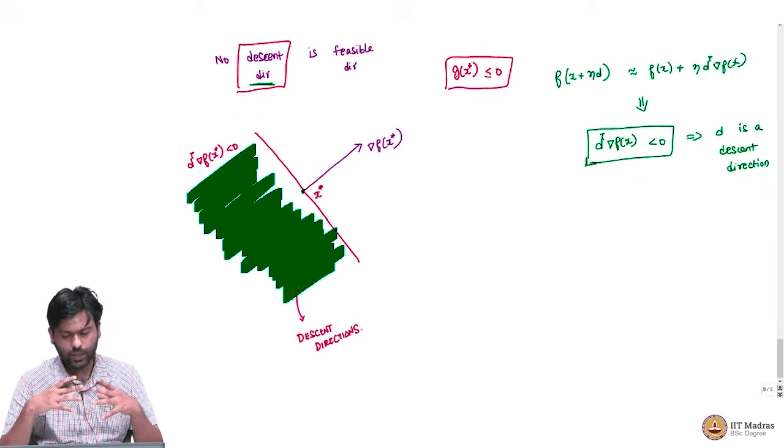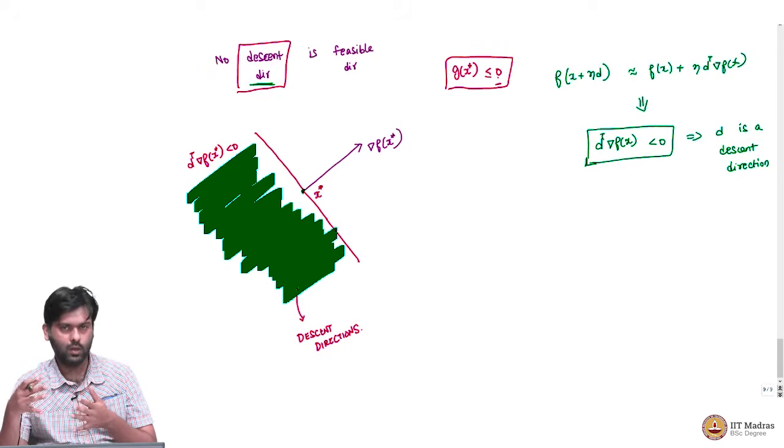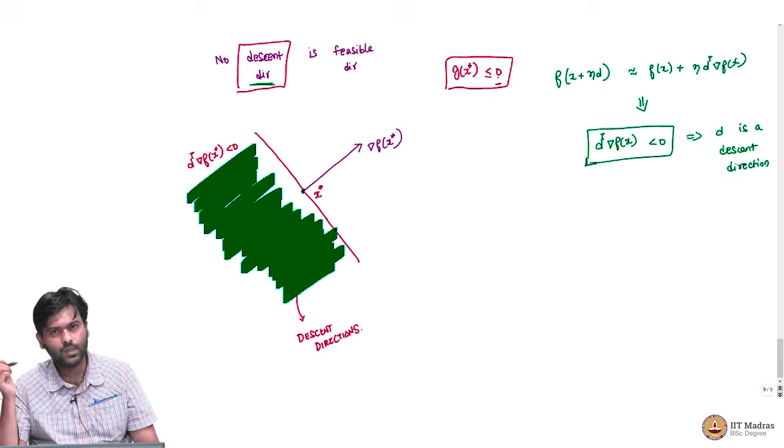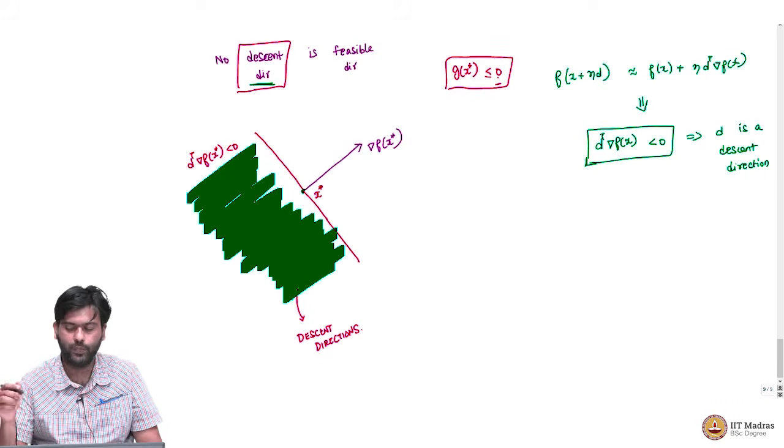Well, the feasible directions, at least, are definitely going to be those in which, if I move, g of x reduces further. It is already less than or equal to 0. If it reduces further, it can only still be less than or equal to 0, right. So, which means that any direction which is descent for g is also a feasible direction, right.